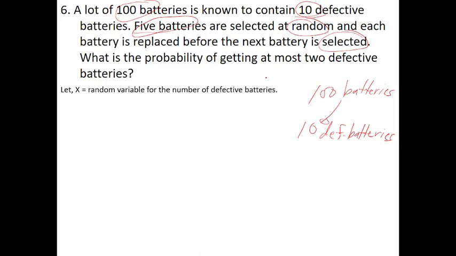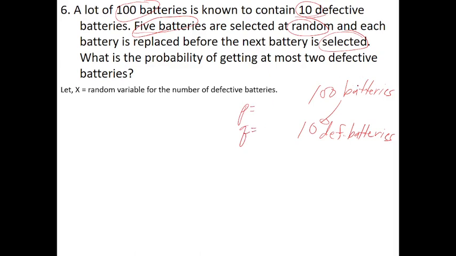Pwede siya maging binomial random variable. Pero meron pang i-consider na factor para maging binomial random variable. Tignan natin kung for every trial or for every battery na-maintain yung probability of success and probability of failure.